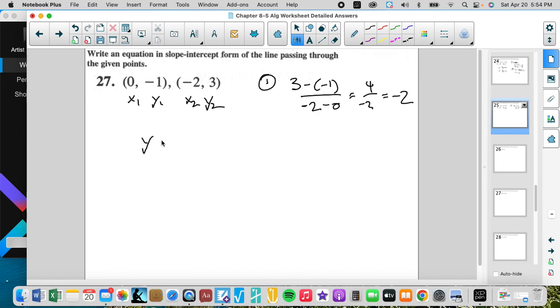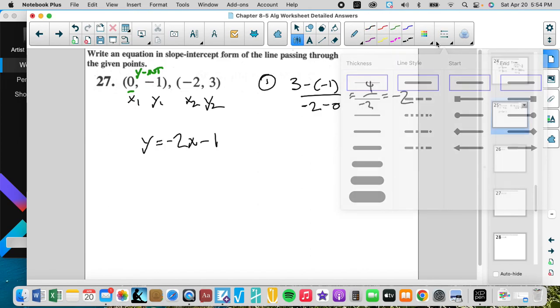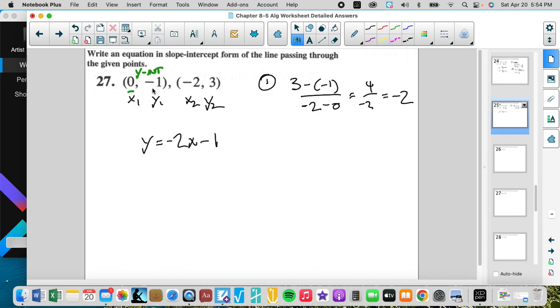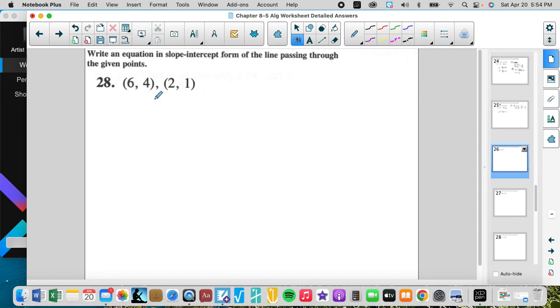So I could actually write the equation right now, 2x minus 1. But you have to be astute to see that this is the y-intercept. How do I know it's a y-intercept? Because x is 0. When x equals 0, I know my y value is the y-intercept. It's where it crosses on the y-axis. So we could save a little time doing that.